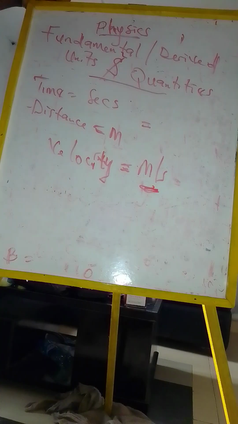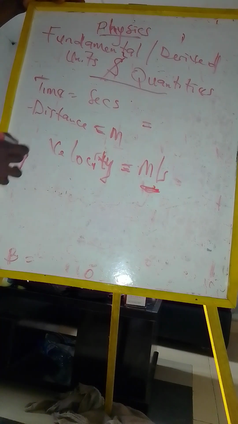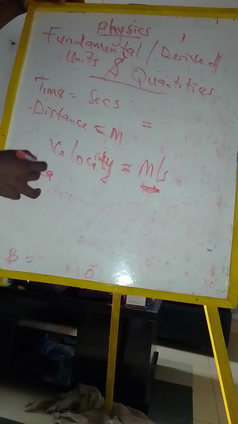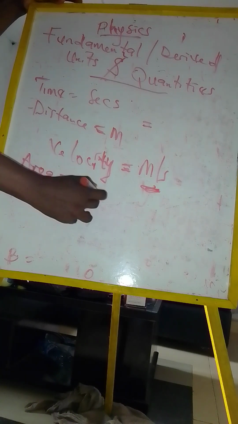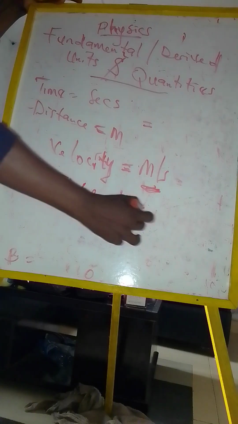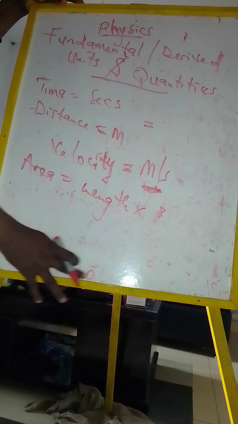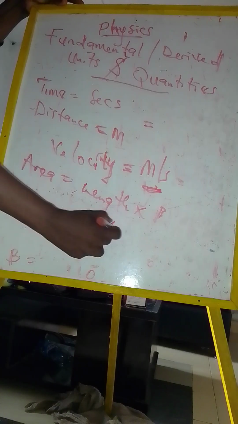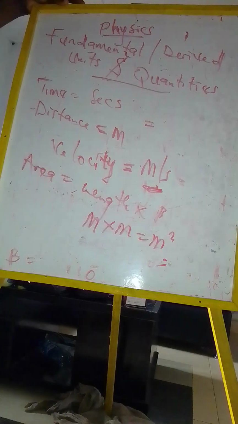So this unit here becomes a derived unit. Another one is, for example, area. How do we determine area? Area is length times breadth. How do we measure length? In meter. Then how do we measure breadth? Also in meter. So that is m squared.